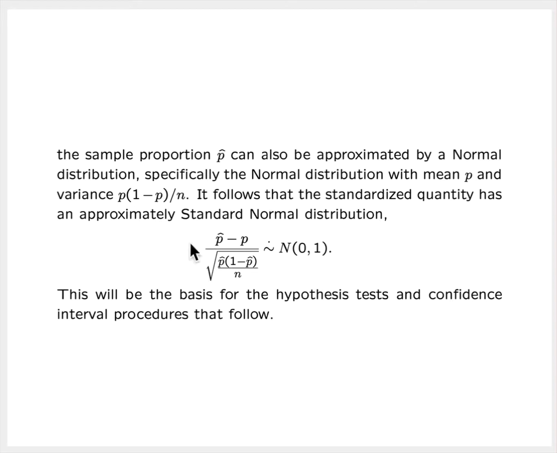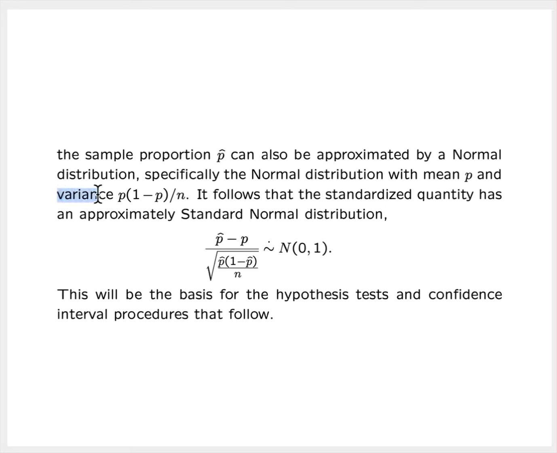And so based on that, we know that if we standardize p hat by subtracting off the mean of its distribution, which is p, and then dividing by, and I want to just point out here that we're dividing here not by the true standard error of p hat, but the estimated error of p hat.